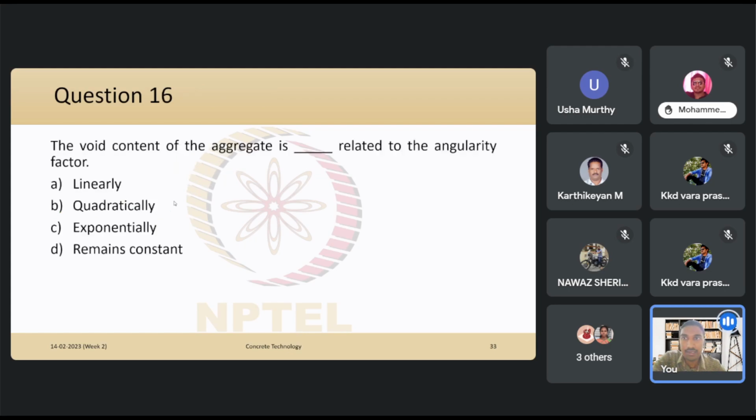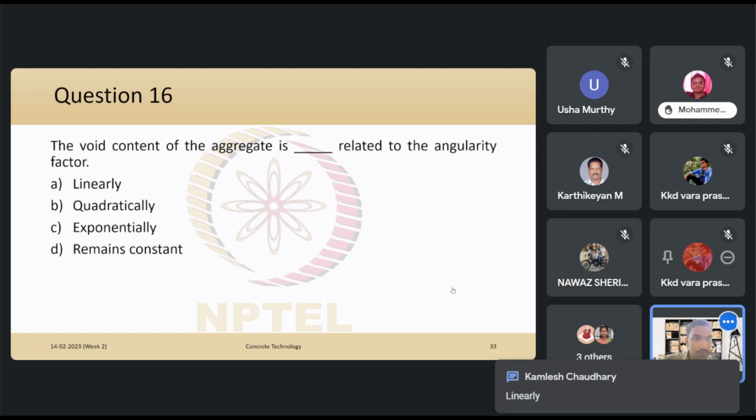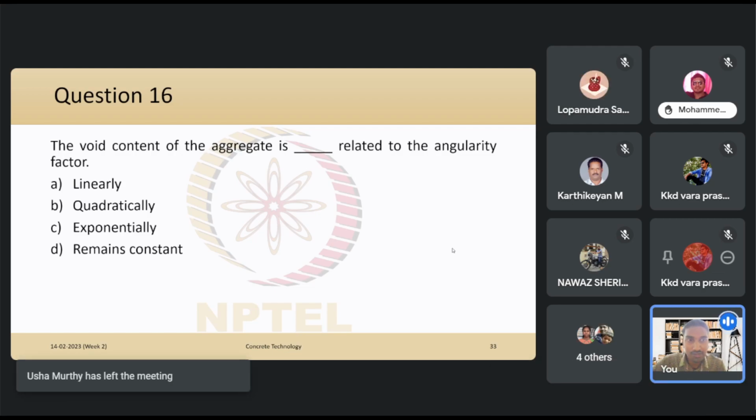So question 16, again related to void content, but in terms of the angularity factor. How is the void content related to the angularity factor? Options are linear, quadratic, exponential, and option D remains constant. In fact, I showed the graph in one of the earlier questions, if you remember, then it is easy.